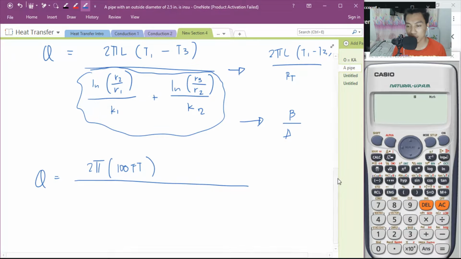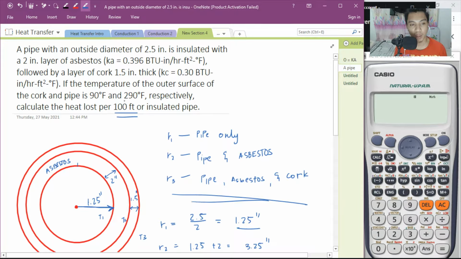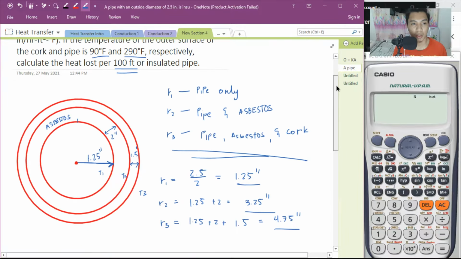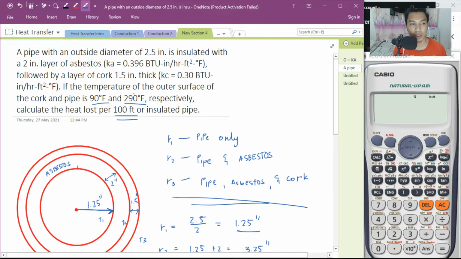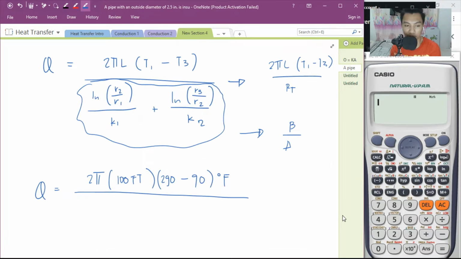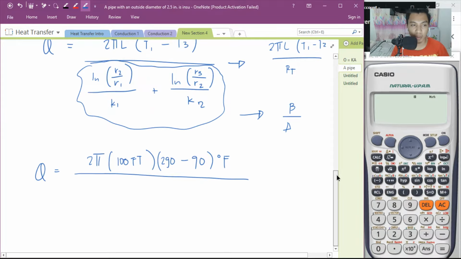And then yung change in temperature niya from 290 to 90 degrees Fahrenheit. Ano yung binigay dyan? Asbestos tsaka yung sa cork. For the asbestos and the cork, yan. Unahin muna natin sa asbestos.